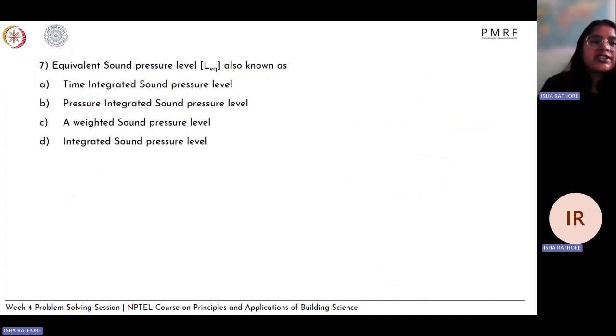So moving on to question 7, the equivalent sound pressure level, LEQ, is also known as A, time integrated sound pressure level, B, pressure integrated pressure level, C, weighted sound pressure level, or D, integrated sound pressure level.